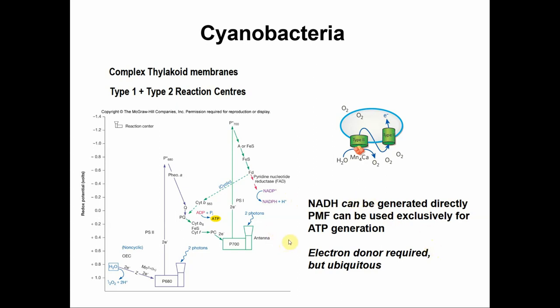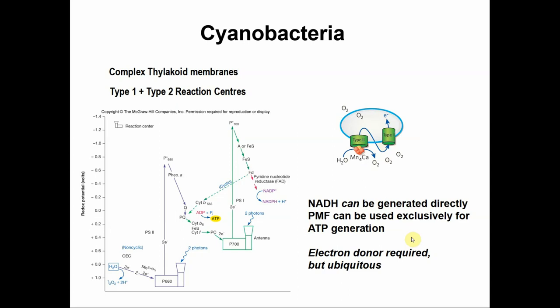And of course, at the same time, you'll generate a proton motive force because you've got the quinone cycle occurring here. So every time these quinone molecules transfer electrons, they're also transferring protons from one side of the membrane to the other. And this proton motive force is what allows cyanobacteria to generate ATP.